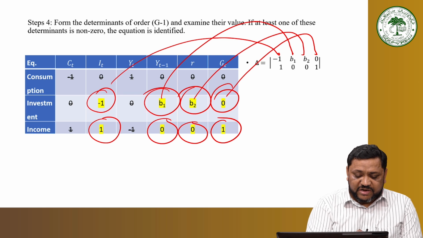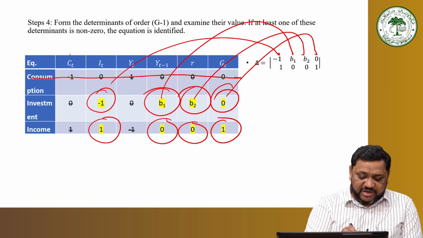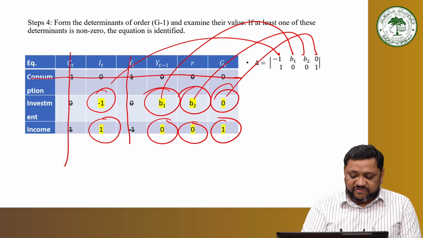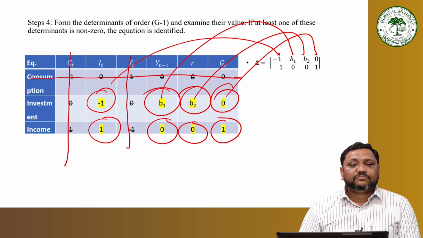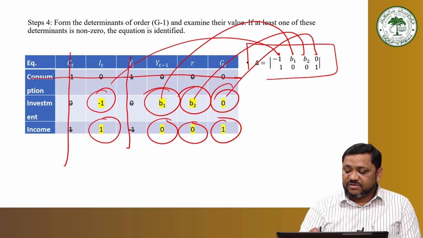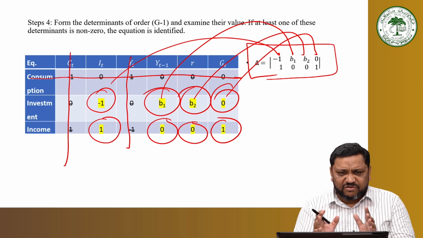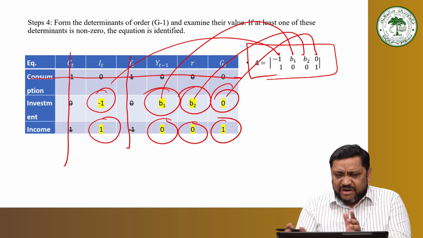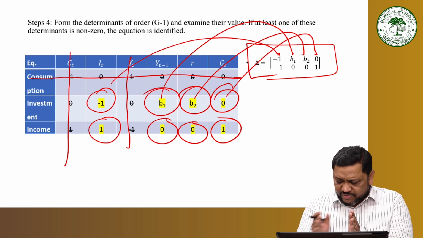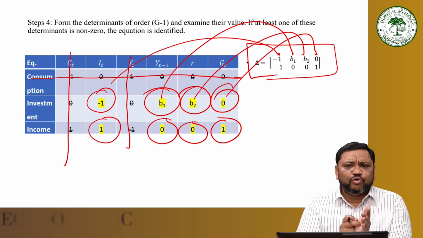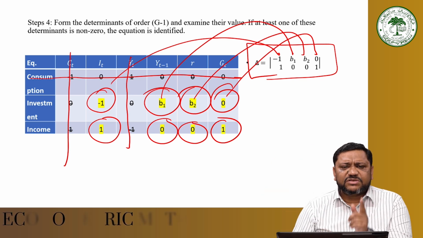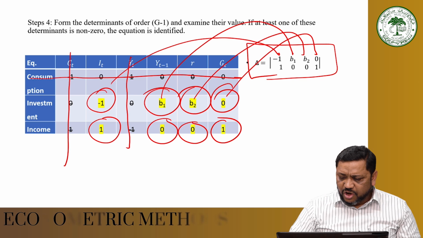And we have seen that we have cancelled this, this, and this earlier. So we are left with this matrix. Now out of this, there can be many matrices we can form over here. At least one of those, out of the many matrices, should have a non-zero determinant.